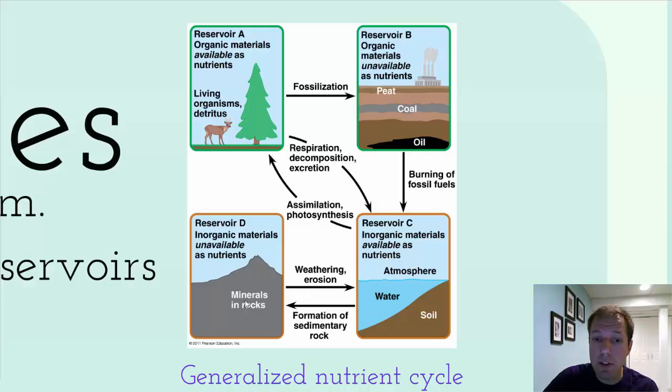Now, in some cases, those things can get locked away as minerals in rocks, so literally become part of the rock layers, which then get buried. And again, this is a reservoir which makes it unavailable as nutrients under most circumstances. So these reservoirs B and D, these inorganic forms, are places where there's generally long-term storage of these nutrients away from living things. There's going to be much more movement between reservoirs A and C, as we'll see in a moment in the carbon cycle.